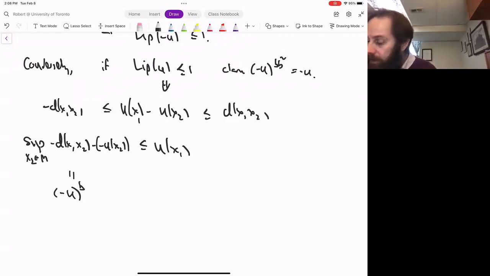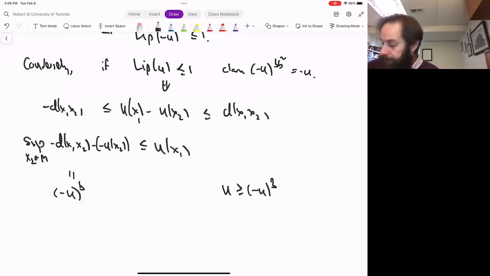So what so far I've shown is that U is bigger than minus U to the b. And if I b transform again, maybe I need to multiply by minus 1.